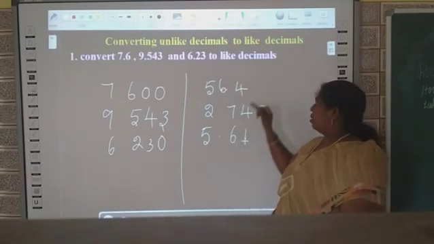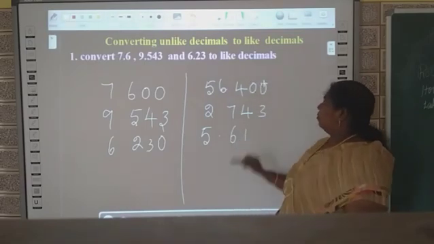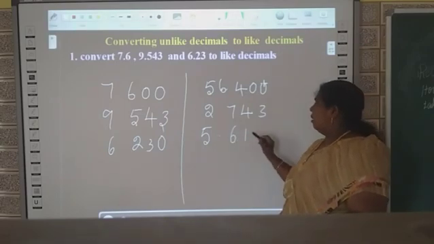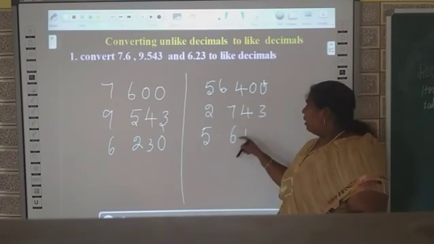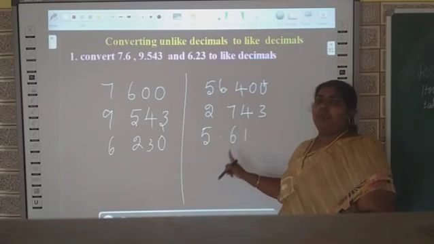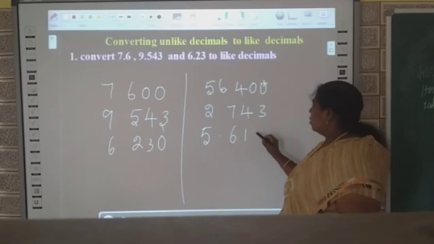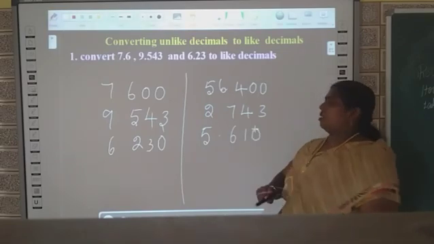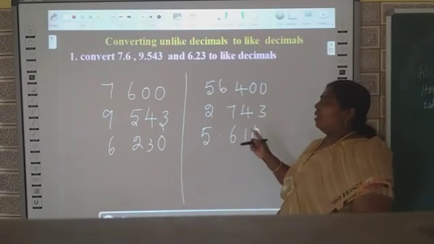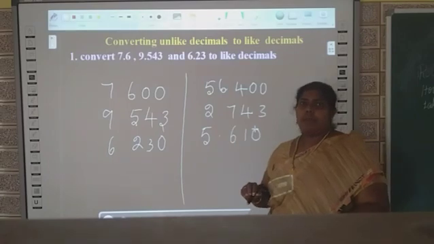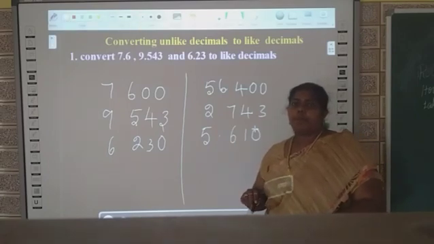Only 2 zeros. So add 2 zeros. Here there are 3 decimal places. For the last one, already 2 numbers are there: tenths place and hundredths place. Then we need the thousandths place, right? So you have to put one more 0. Now these 3 decimals are like decimals, isn't it? You can do the activity.